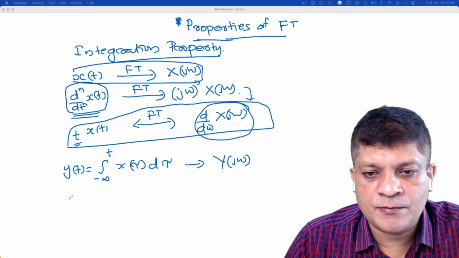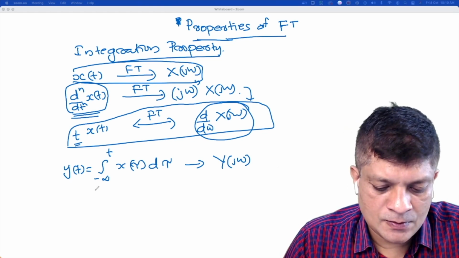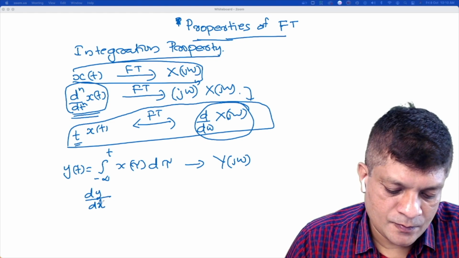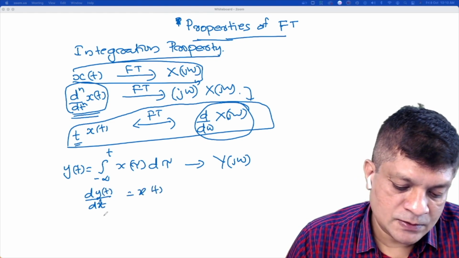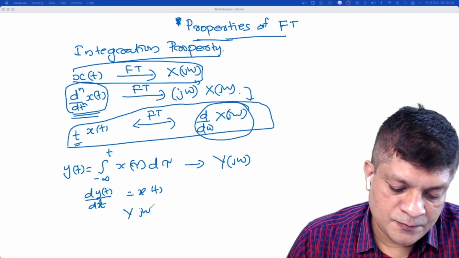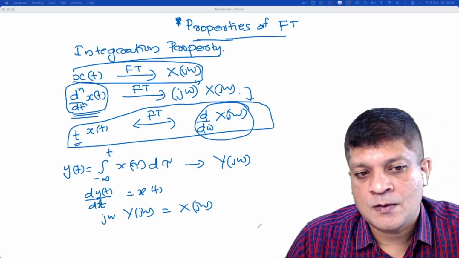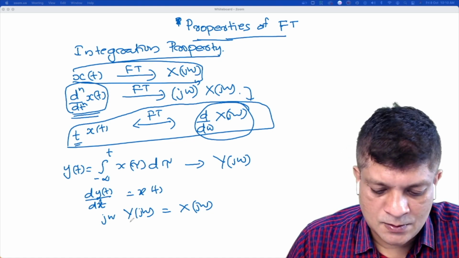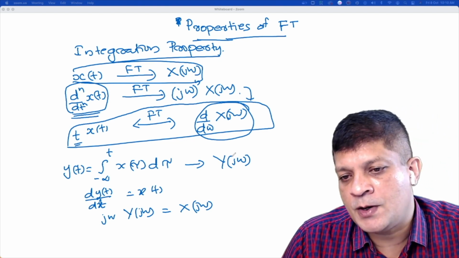What is the derivative of y(t)? The derivative of y(t), dy/dt, is x(t). y(t) and Y(jω) form a Fourier transform pair.